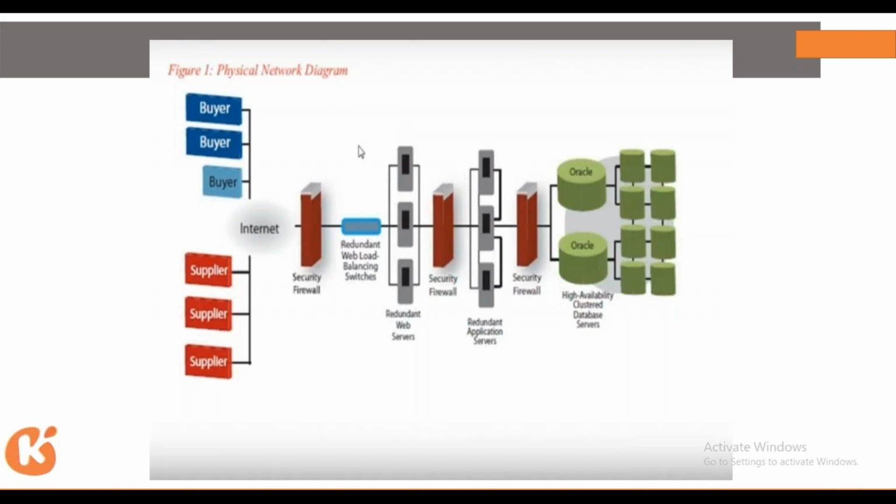Okay. With the help of this diagram, we'll talk about internet security from the Ariba perspective. Here, on the left-hand side, the first block is the internet. With the help of the internet, the buyer and the supplier initiate their activity, whatever information they would like to see, whatever transactions they would like to perform, by providing the information in the browser.